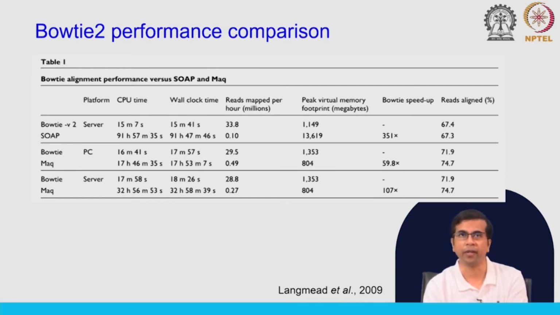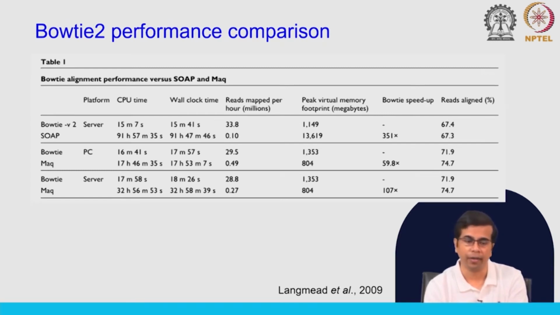If you compare the performance of Bowtie2, published by the authors themselves, against two tools, one is SOAP and another is MAQ. We have discussed these other methods: SOAP uses hash table based methods, and MAQ creates an index from the reads and then searches through the reference. On the left you have the names of the tools.